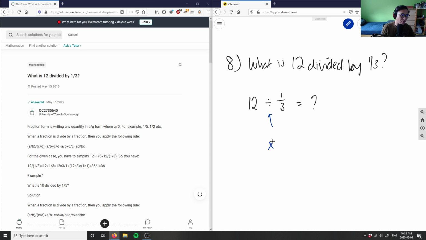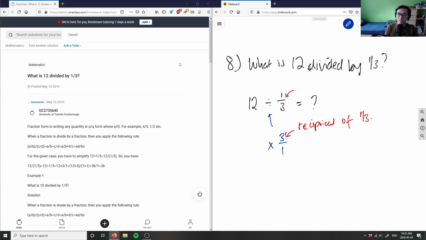When I say flip the fraction, I'm saying we take the reciprocal, changing the numerator and the denominator. So 1/3 becomes 3/1. This is the reciprocal of 1/3. So again, we're multiplying by the reciprocal.